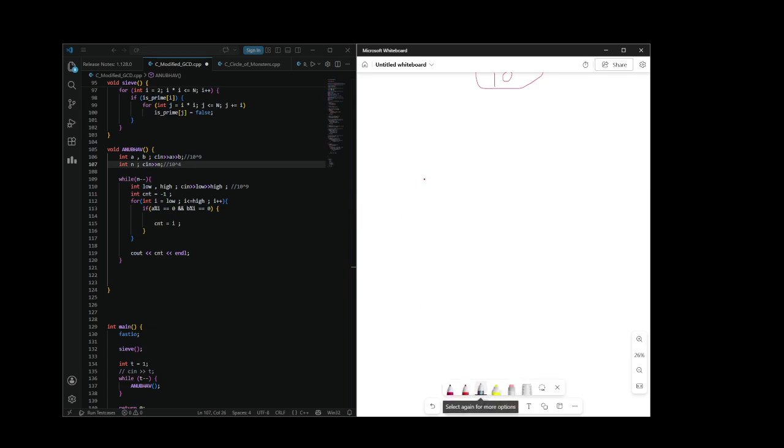You would definitely be knowing that when we calculate the divisor, we iterate in the for loop from 1 to n, and sorry for the handwriting, but try to understand the idea.